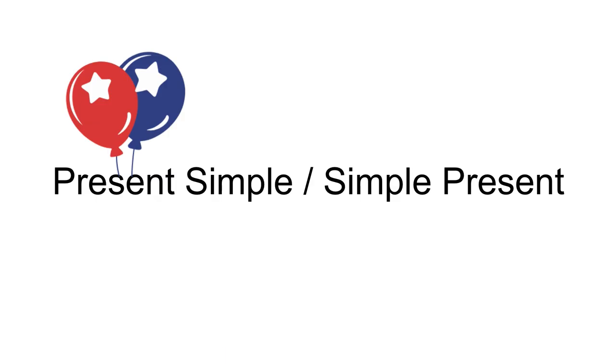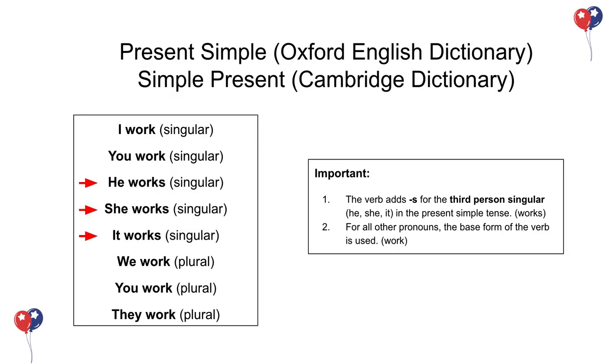Present simple, simple present. The first thing that we are going to talk about is the difference between present simple and simple present. The Oxford English Dictionary always uses present simple, and Cambridge Dictionary uses simple present. It's just like they use them interchangeably.